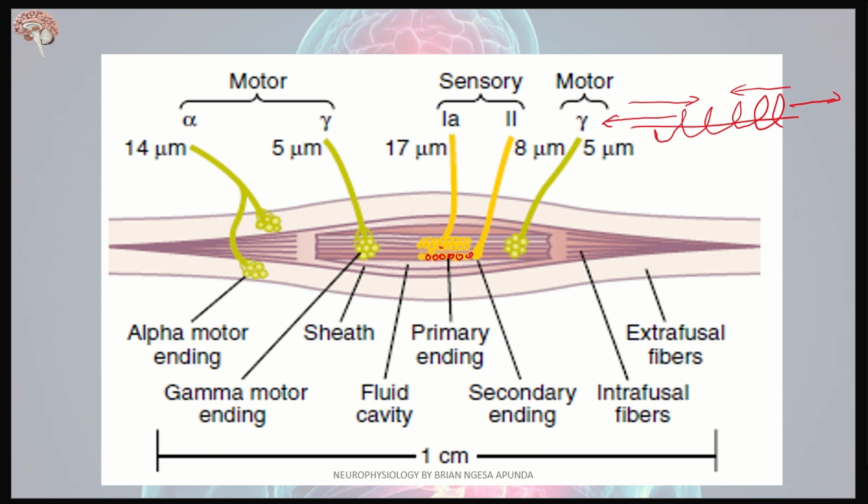Over here, we are likely to have some nuclei overcrowding in a particular area, and sometimes the primary ending is referred to as the nuclear bag. So these are representing just some specific areas within the muscle spindle.